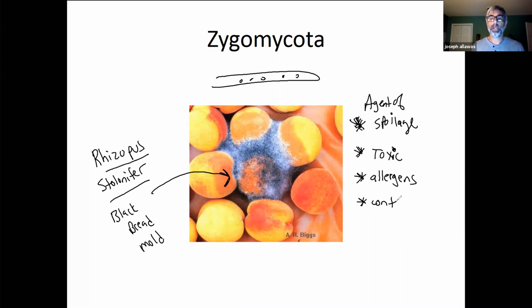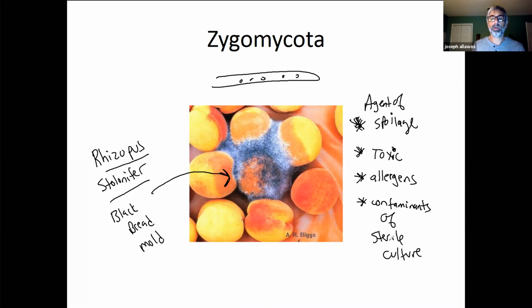Here's a big one that you might not think about. Contaminants of sterile culture.